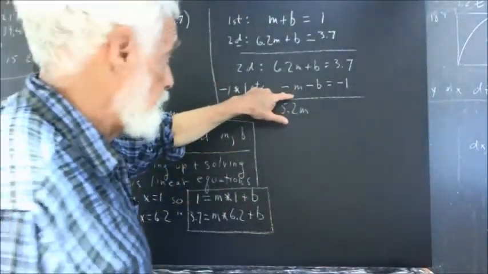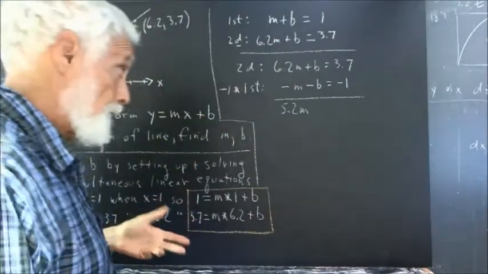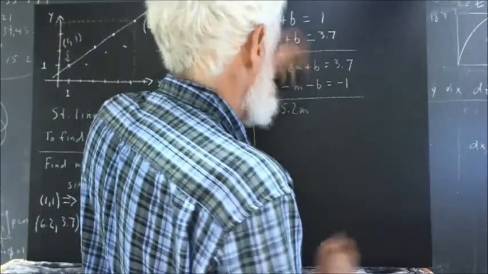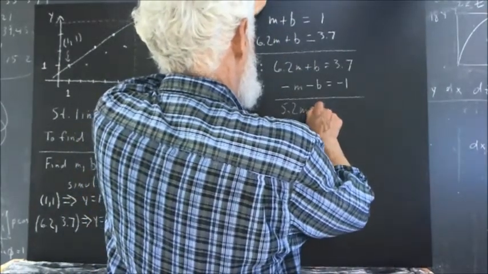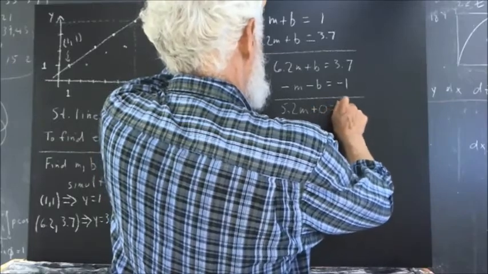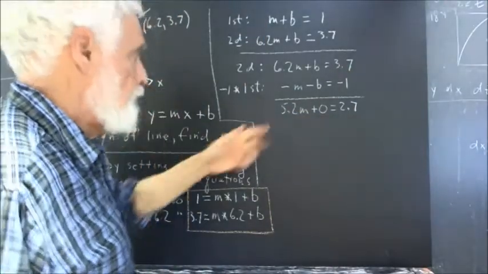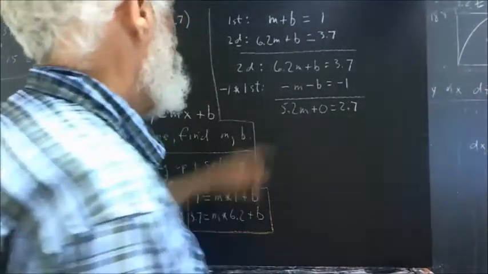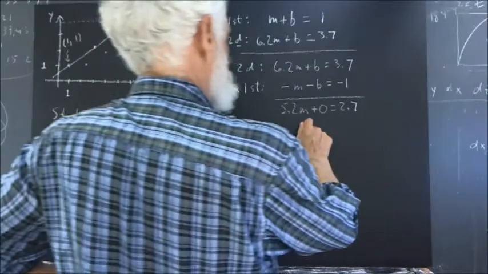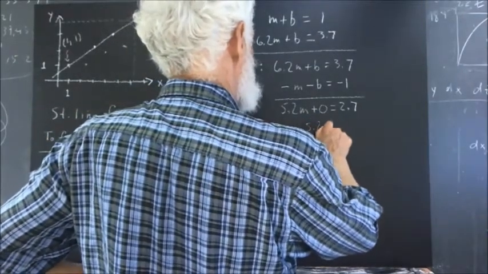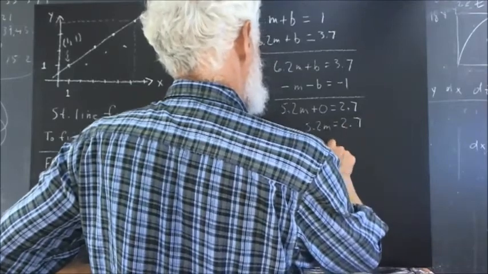If we subtract 1 of something from 6.2 of something, we end up with 5.2 of that thing. And then b minus b is 0, so I could write that as plus 0. And that's going to equal 2.7, because 3.7 minus 1 is 2.7. So this is still a statement of equality, which of course can be written 5.2m equals 2.7.